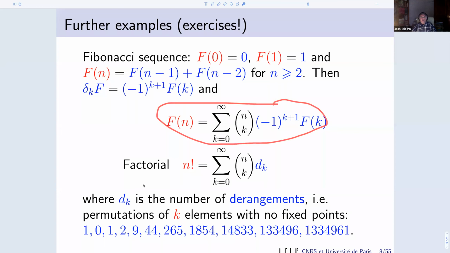And another nice combinatorial fact is that if you start with the factorial function, the coefficients you get here, the d_k, should be delta k, but I use d_k, are the numbers of derangements. That is, a permutation of k elements with no fixed point. And again, this is an exercise if you want to make it in combinatorics.